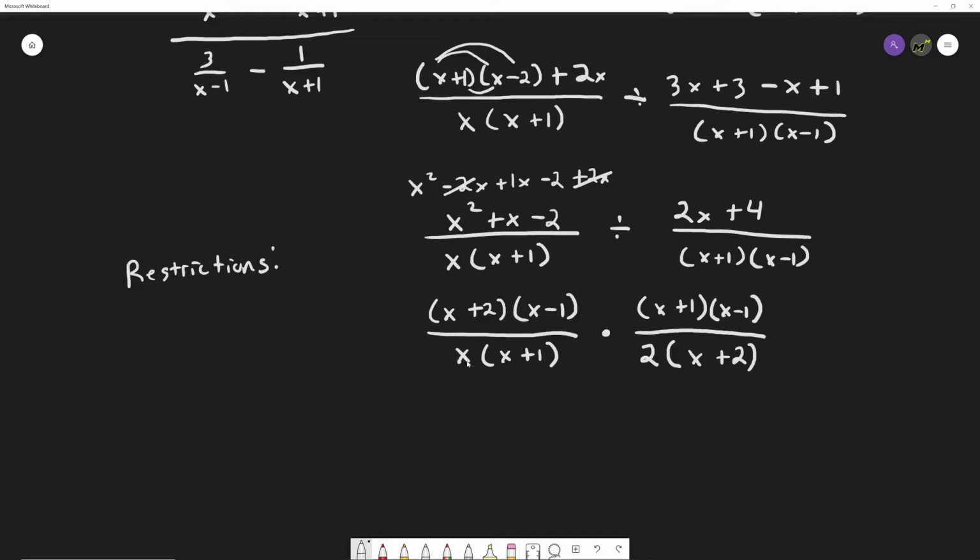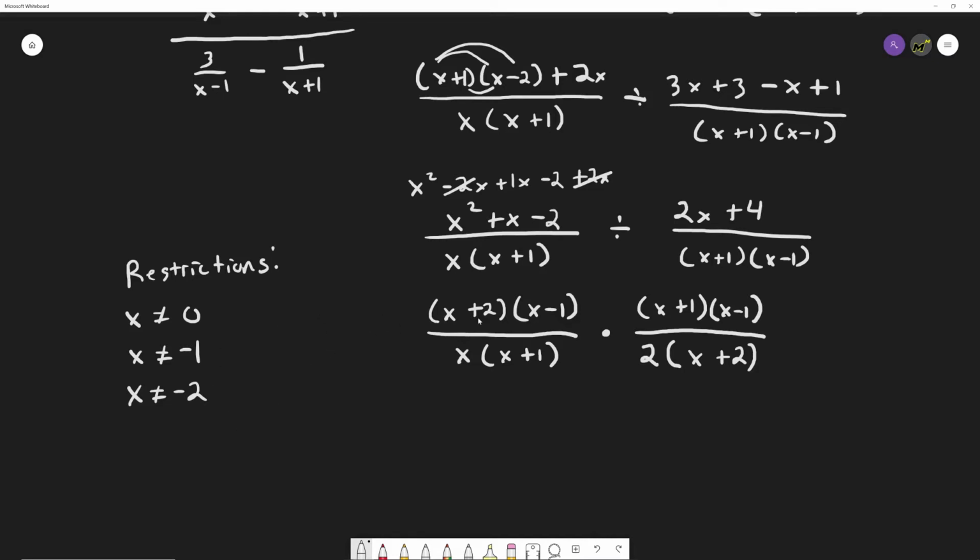Right now, x is multiplying by everything else, so x can't be a 0. Negative 1 plus 1 would be a 0, so x can't be a negative 1. And here, negative 2 plus 2 would be a 0, so x cannot equal a negative 2. And I don't see anything else, so those will be our 3 restrictions this time. So x could be anything in the domain except for those 3 numbers.